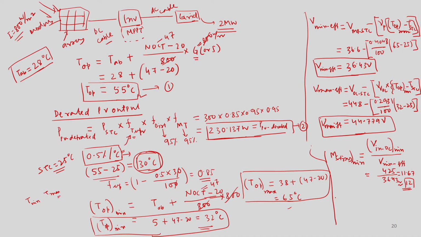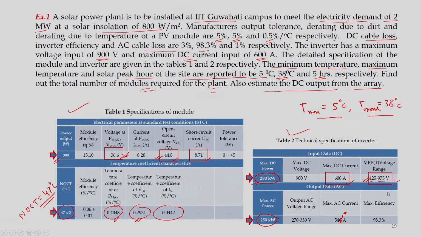And the maximum number of modules in a string, M string max. How do we define it? Already we have the equation: V inverter DC maximum voltage divided by V max effective. We go back and see this value is 975 volt.